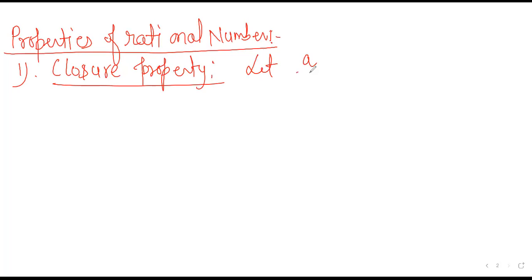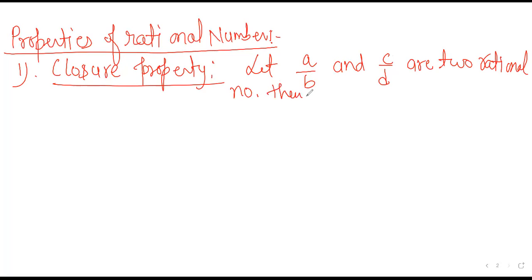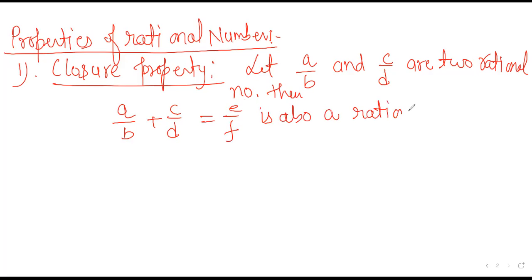Let a upon b and c upon d be two rational numbers. If you add them, a upon b plus c upon d, definitely you will get a new number, suppose e upon f, which is also a rational number.